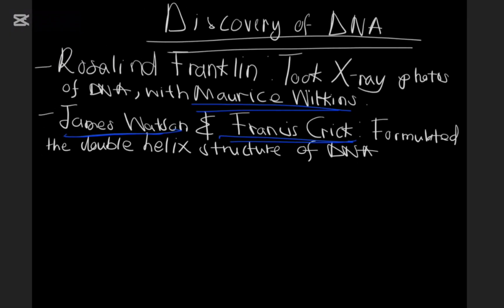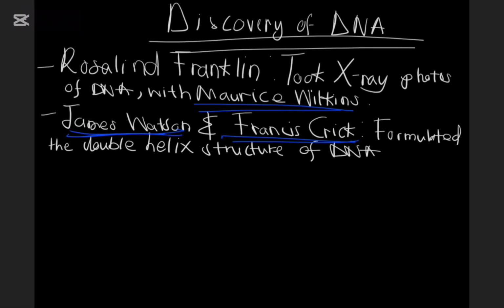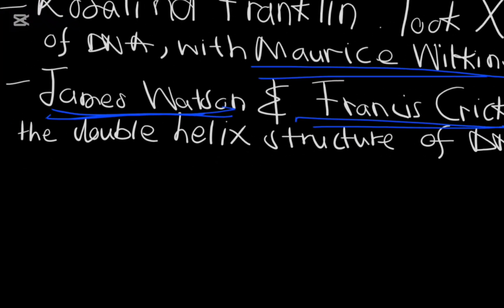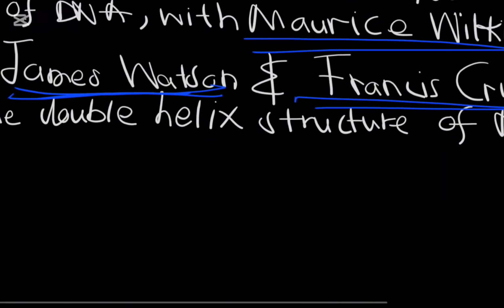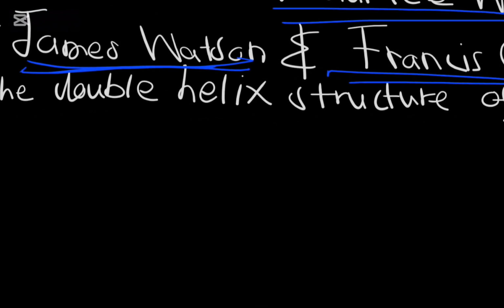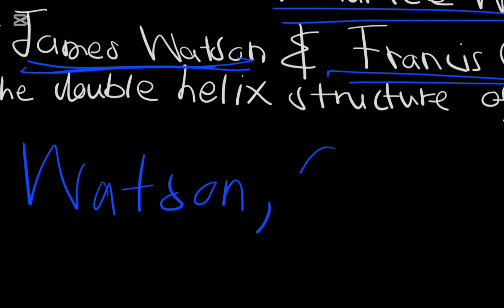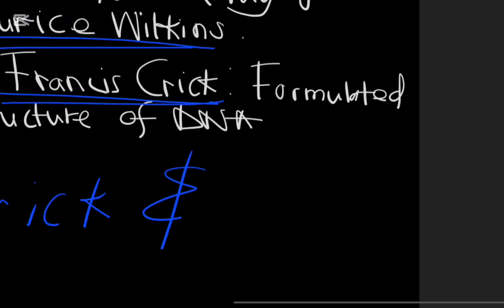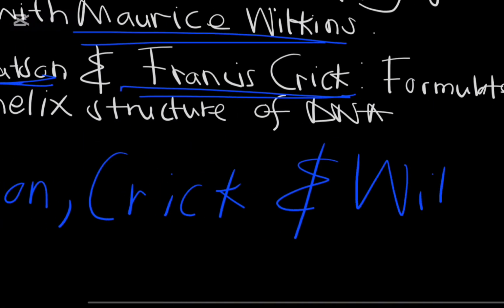Rosalind Franklin ended up dying, so she was not nominated for that, and also, kind of because she was a woman, but she died of some type of cancer, I think. Let me write it down. Watson, Crick, and Wilkins.